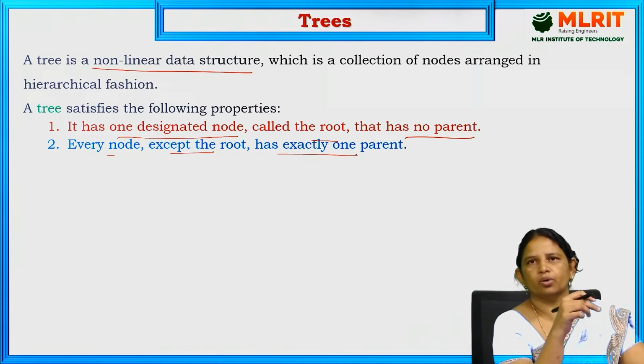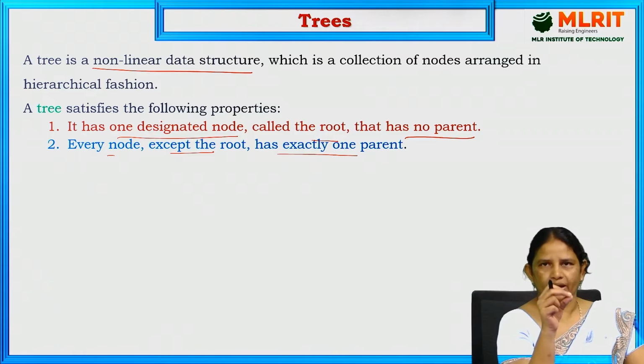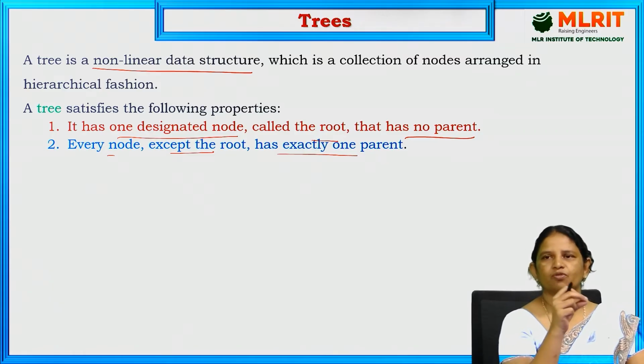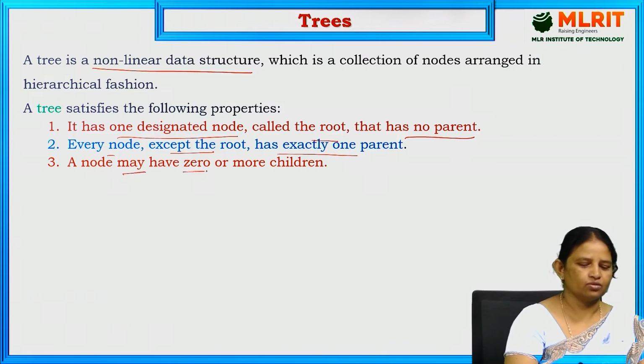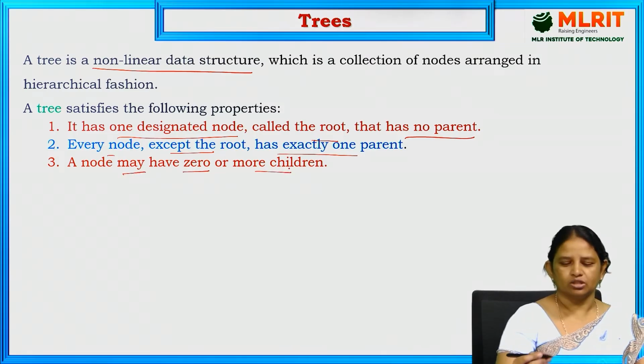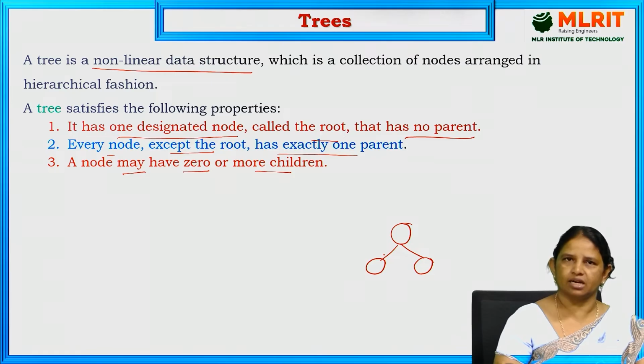For the root node there is no parent; for the remaining nodes there is one parent. Third: a node may have 0 or more children. Some nodes may not have any children, and that is still a property of a tree.